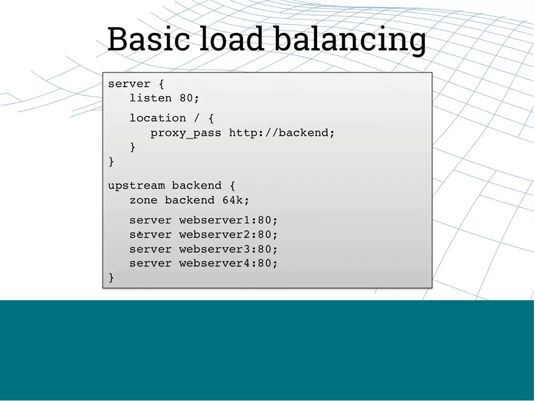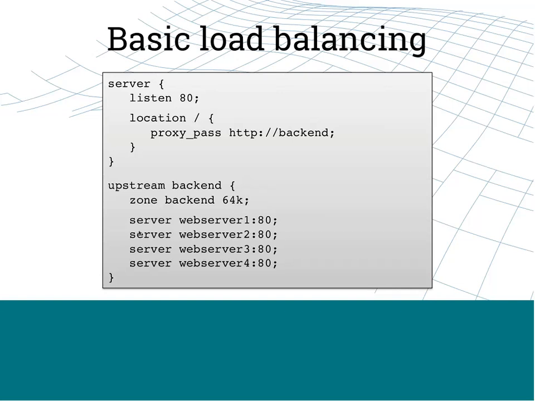NGINX is configured through a simple set of flat text files, and the configuration structure for a load balancing policy is fairly straightforward. In this case, we have a simple server configured to listen for web traffic on port 80, and then all traffic is handled by the proxy pass directive, which passes it across to an upstream group.